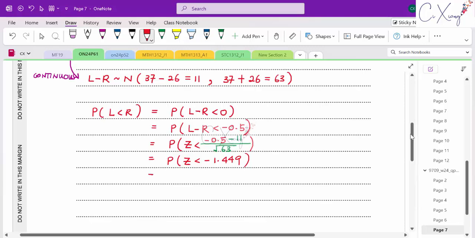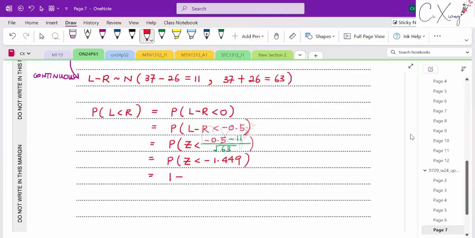Okay, and after that, what should we do? So what should we do for smaller than negative 1.449? It is equal to greater than positive 1.449. So I have to take 1 minus the probability of 1.449.